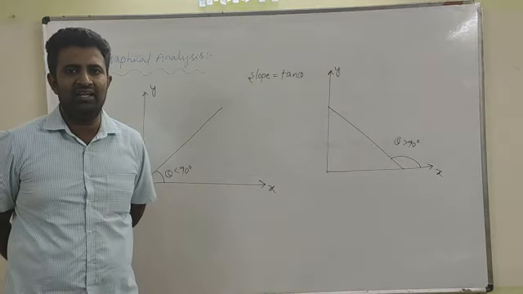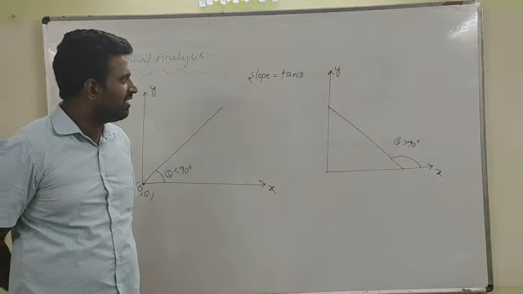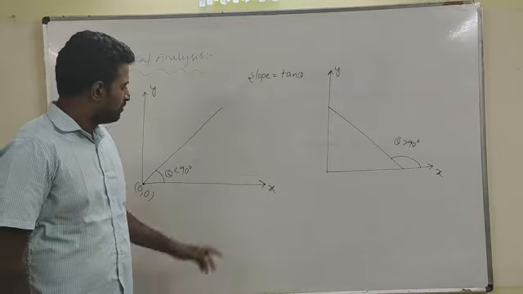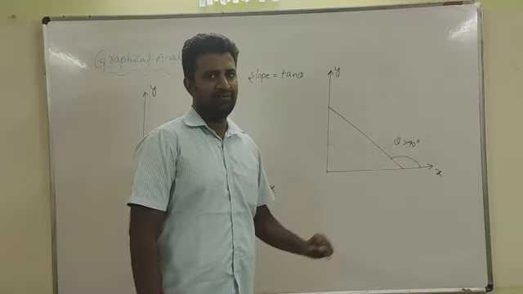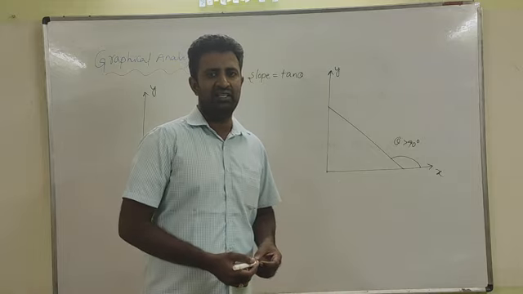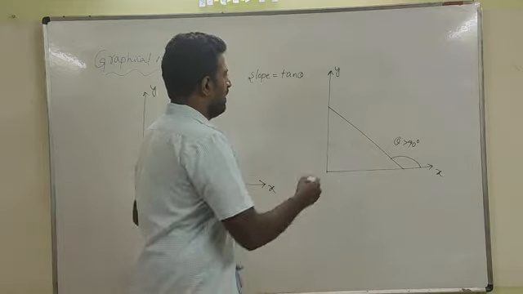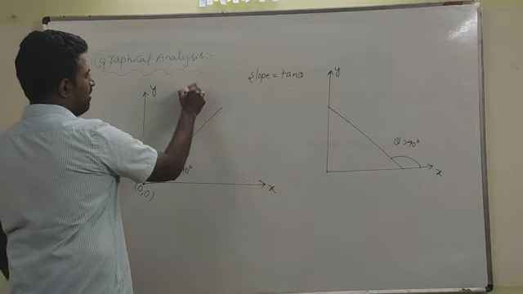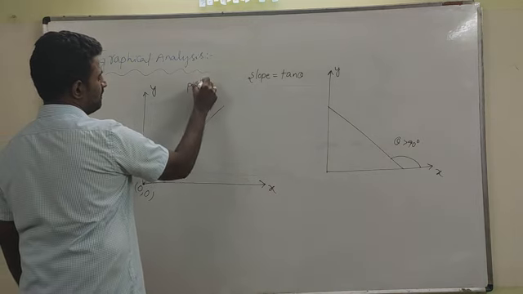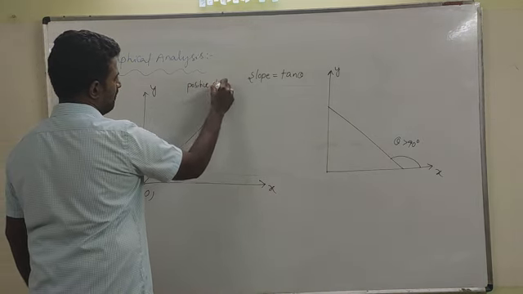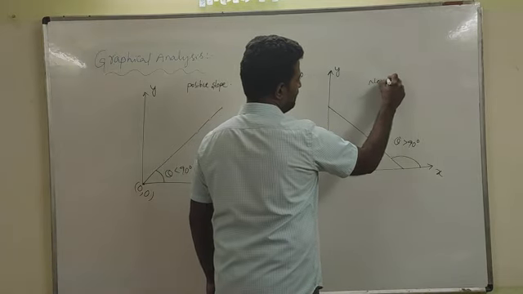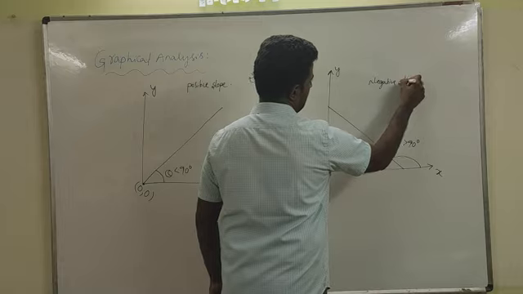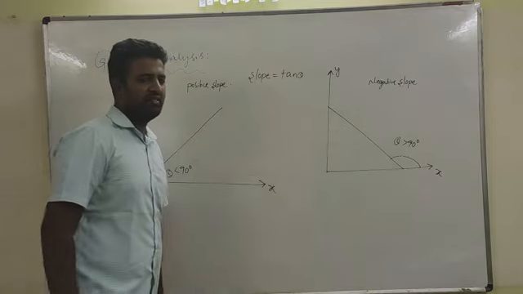If theta is less than 90 degrees, tan theta will be positive. So slope will be positive for this graph, slope will be negative for this graph. Whenever theta is greater than 90 degrees, slope will be negative. Hence, this graph represents positive slope, and this graph represents a graph with negative slope. That is one piece of information that we can get.